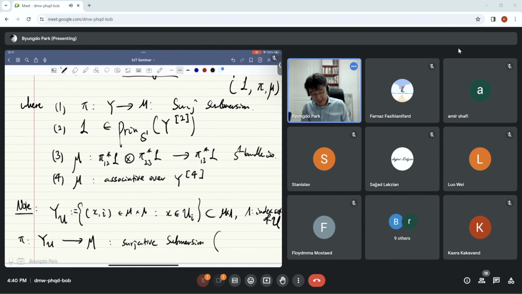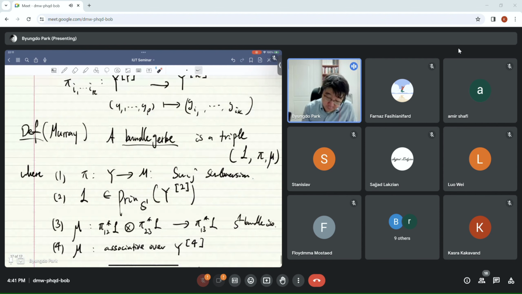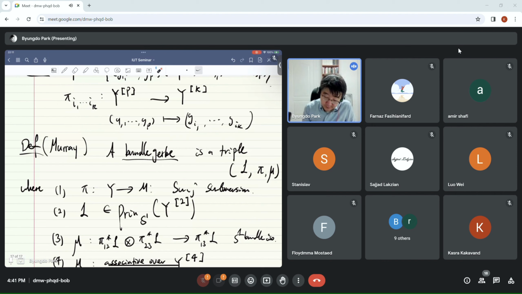But this is indeed like an open cover. So if you think about what the two-fold fiber product or three-fold fiber product of this thing means. A use of surjective submersion here, of course, is for remaining inside the category of smooth manifolds in our construction. That's one purpose.